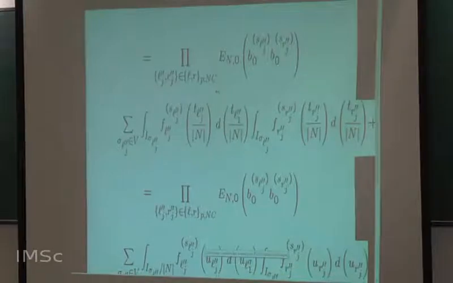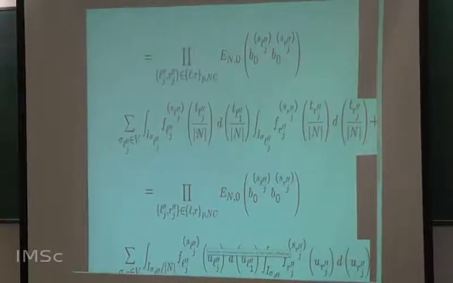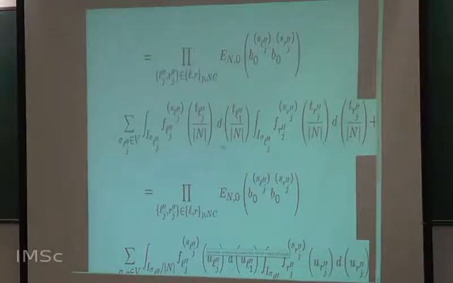Once I have the free sum, I will bring the sum inside each index, and the factor 1 over cardinality of n I will bring into the integration. So here I have this product.